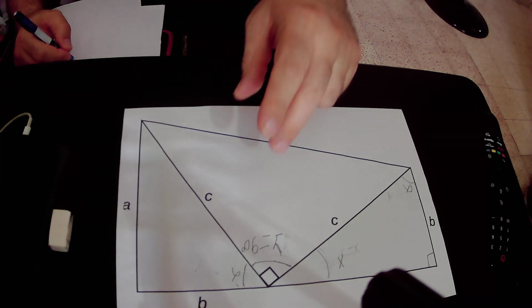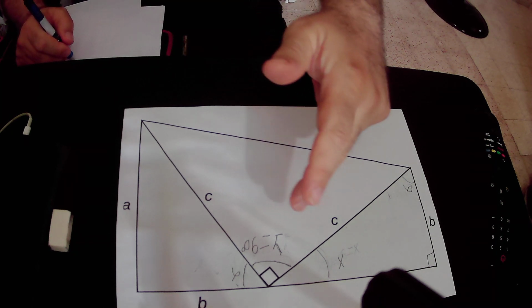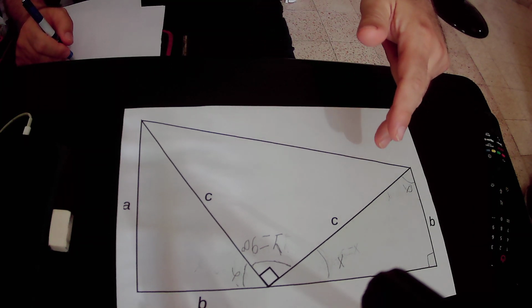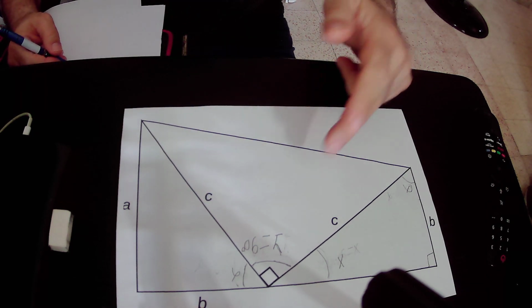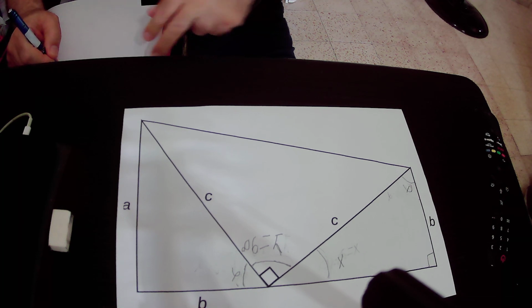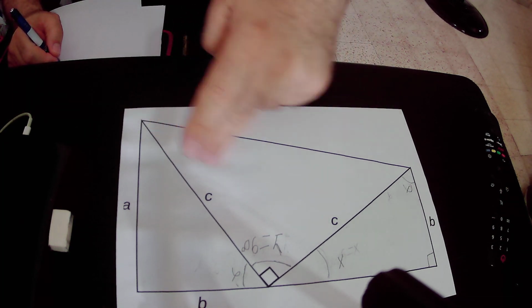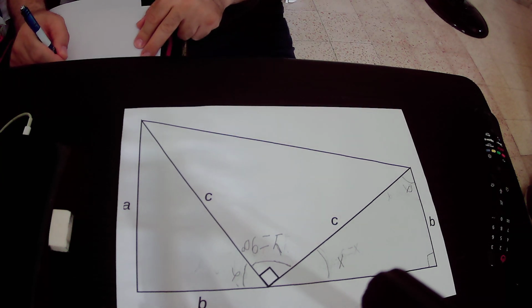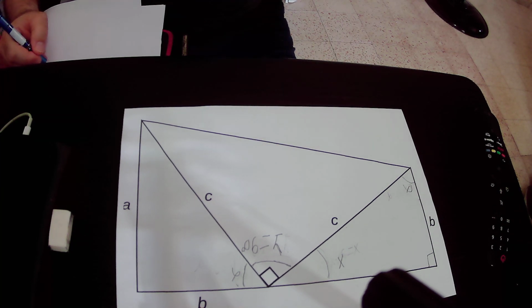And the area of the middle triangle is the base times the height to the base divided by 2. The base of the middle triangle is C, times the height to the base, that is also C, divided by 2. So in total the area of the middle triangle is C times C divided by 2.